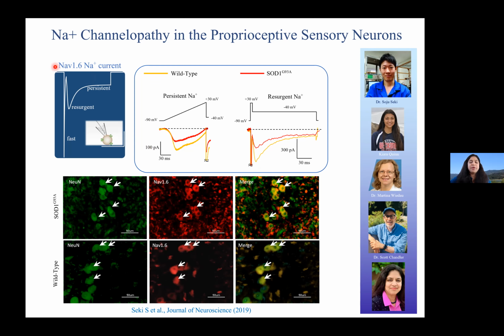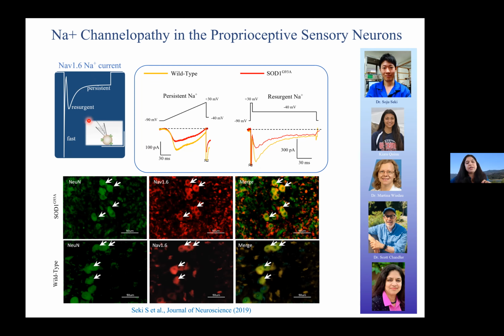These are mediated by a certain type of channels, which are called the NAV 1.6 sodium channels. These are really interesting channels. They are present in many types of neurons, and they have this very distinct characteristic that they have a fast component kinetically, they have a resurgent component, and then a persistent component.